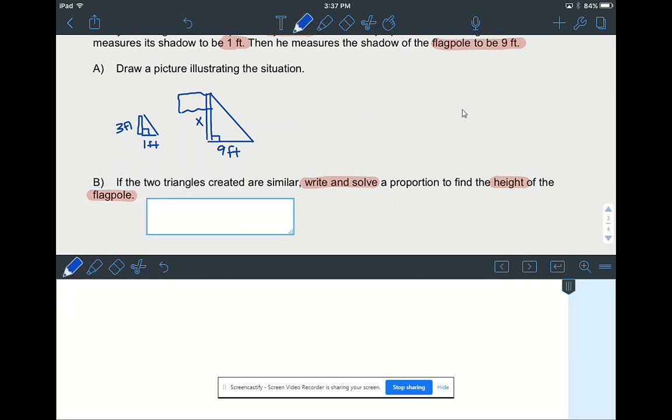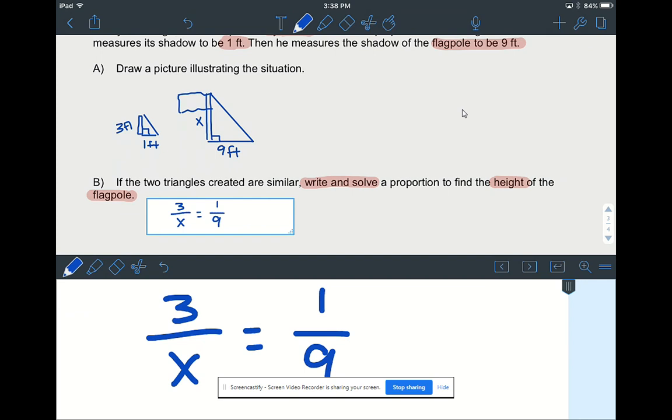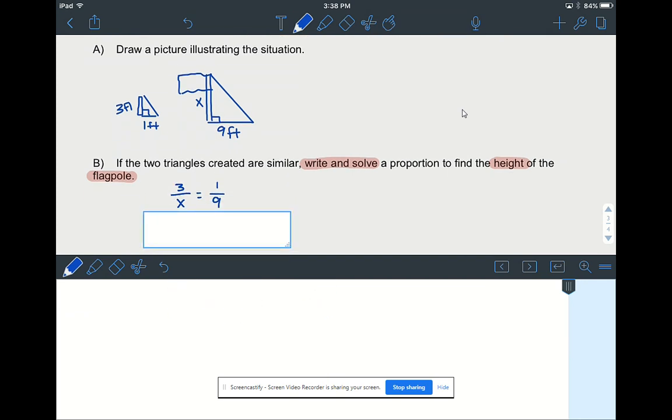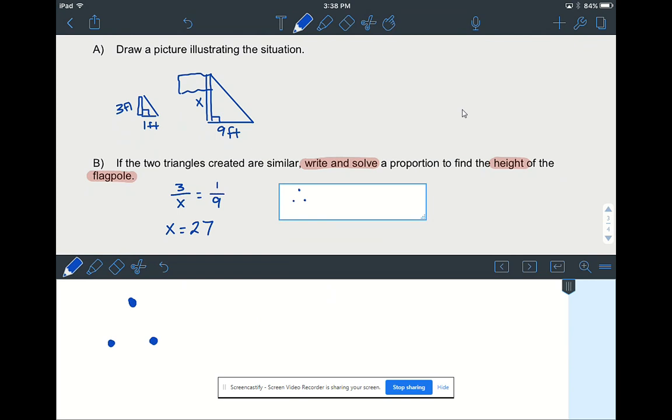So I'm going to do kind of like what I did in the last problem. 3 feet for the yardstick height, X feet for the flagpole height, 1 foot for the yardstick's shadow, and 9 feet for the flagpole's shadow. Cross multiply, you get 1x equals 27. It is a word problem, so write your therefore sentence.